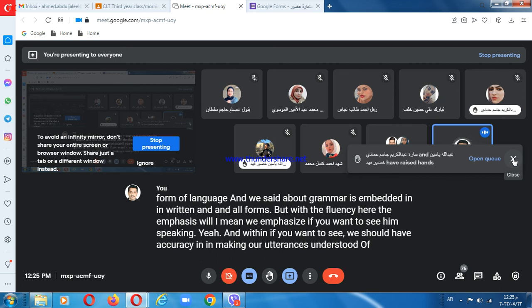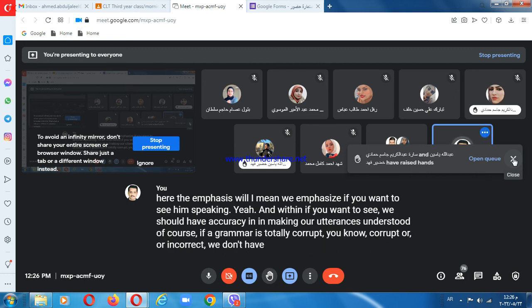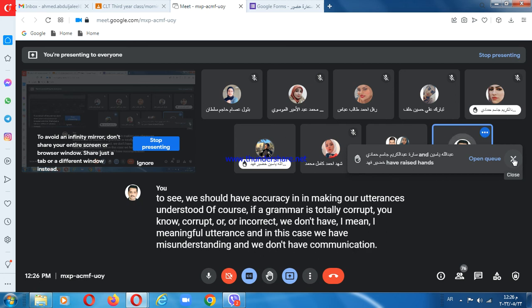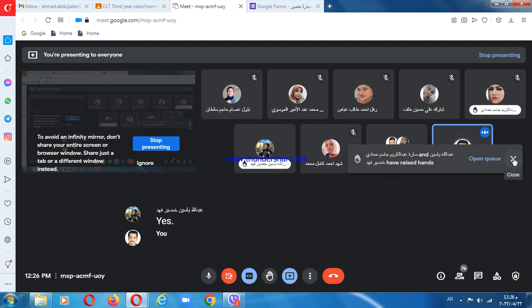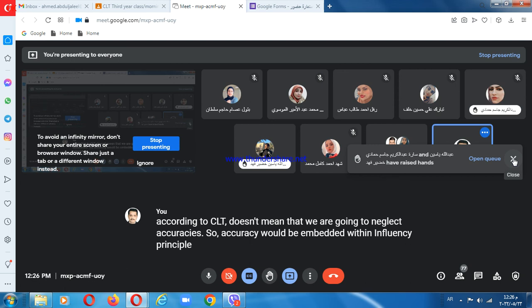If grammar is totally corrupt or incorrect, we don't have a meaningful utterance; we have misunderstanding and no communication. So emphasizing fluency according to CLT doesn't mean that we neglect accuracy. Accuracy is embedded within the fluency principle in CLT.